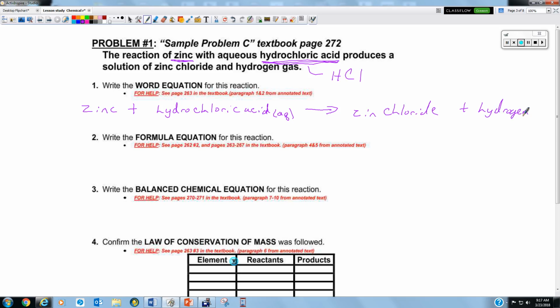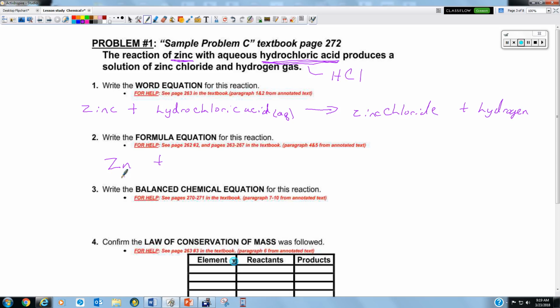All right. So, zinc chloride, you can do it in one or two. I just forgot a C. All right. So real quick, go ahead and checking our formula. Chemical symbol for zinc is Zn.